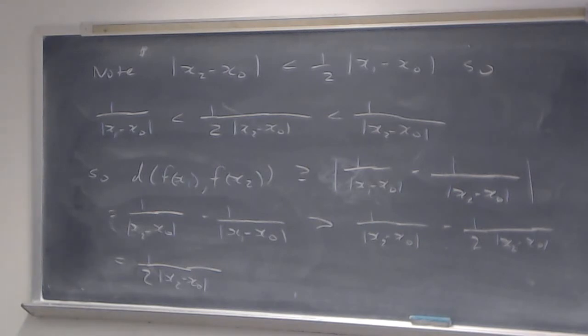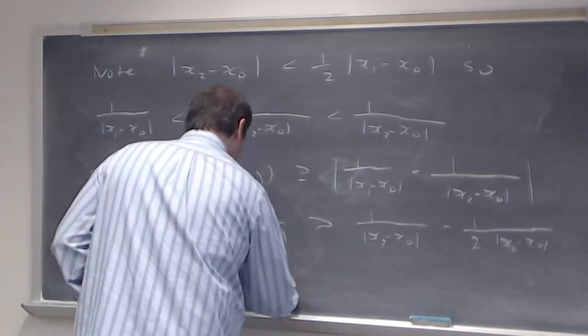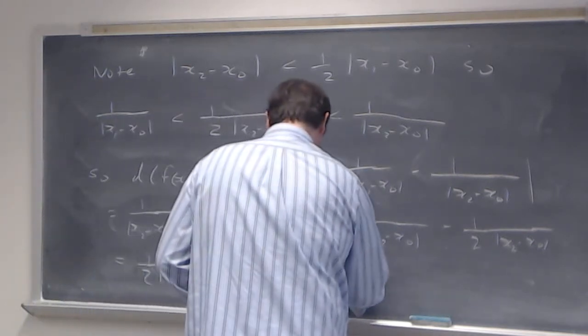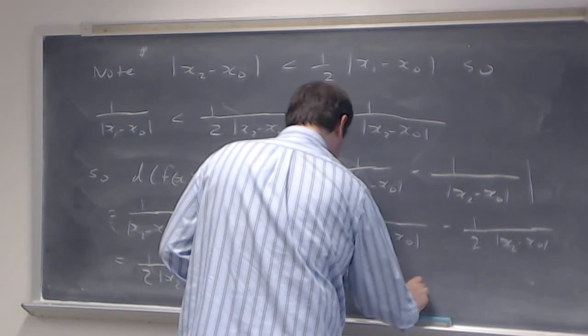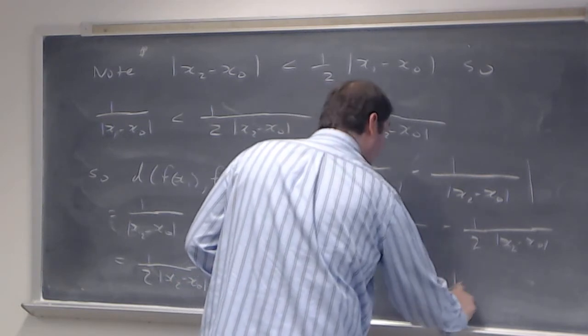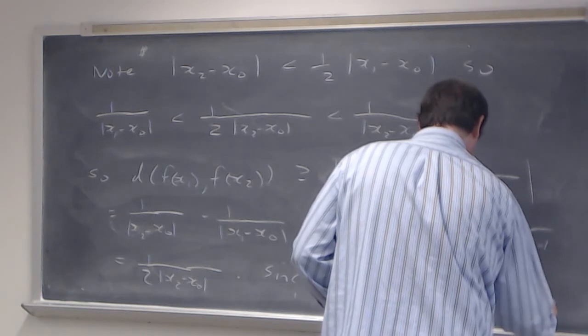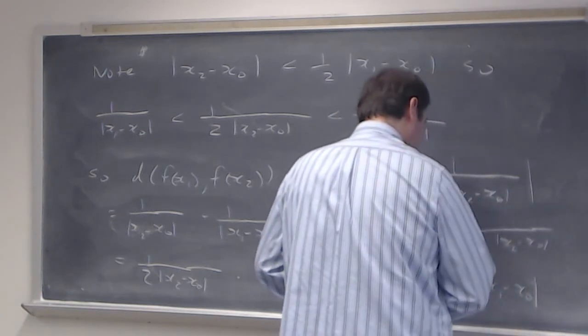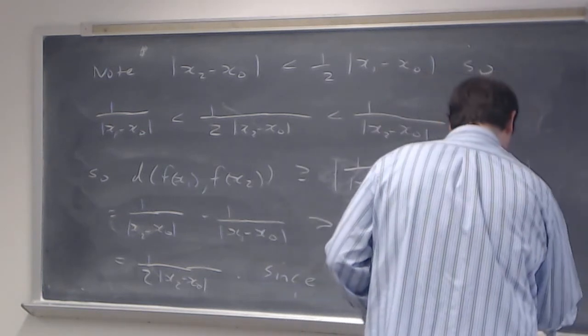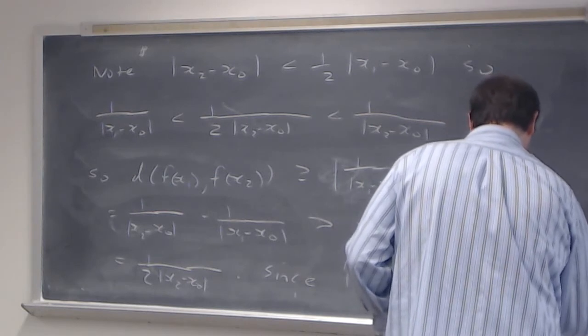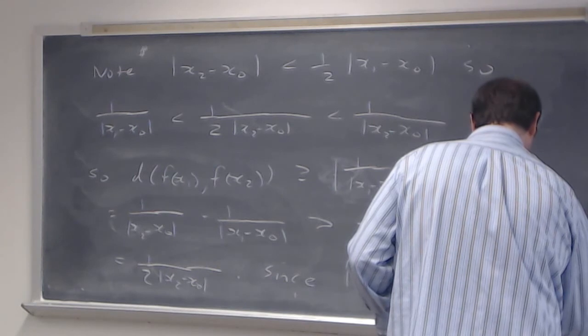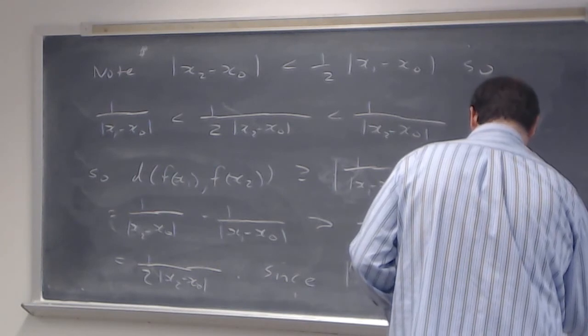Okay. Now, since the absolute value of x of 2 minus x of 0 is less than 1/2 the absolute value of x of 1 minus x of 0, which we know to be less than 1/2 delta over, I think we said, 4 here.